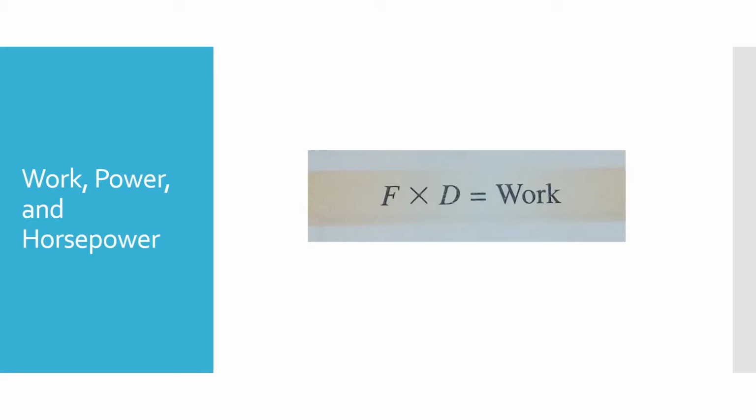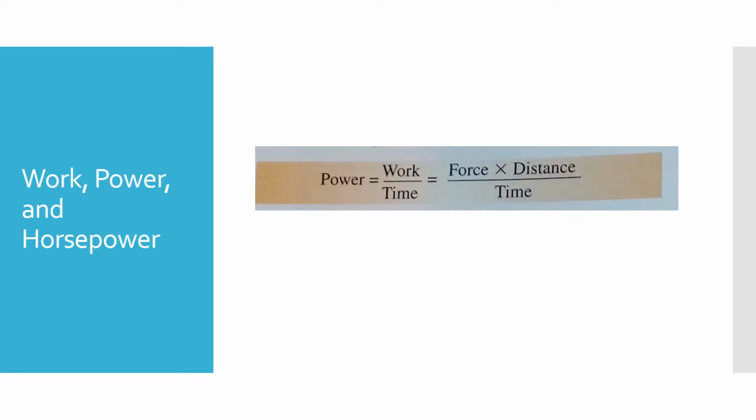If the same 10 pounds were moved 1 foot in half a second, or 0.5 seconds, the power expended would equal 20 foot-pounds per second. The formula for power, on the screen, is power equals work divided by time, or force times distance divided by time.